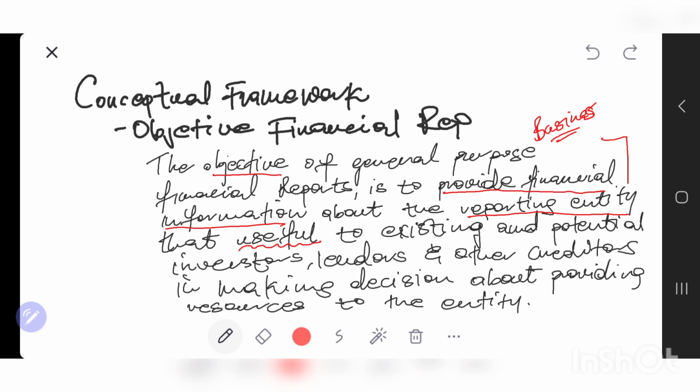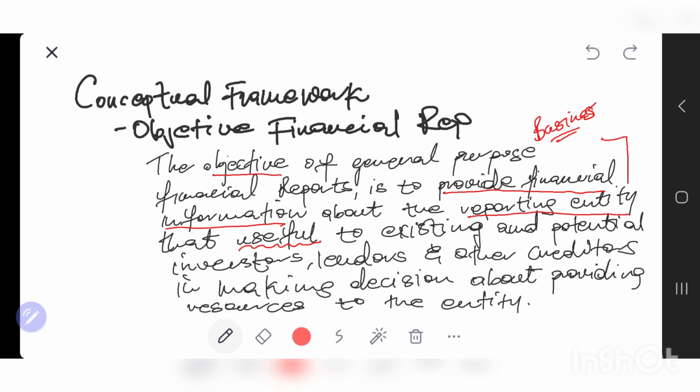And this information needs to be relevant. So that basically means that all the important things must be shown on these financial statements, which is the information that we are trying to provide.